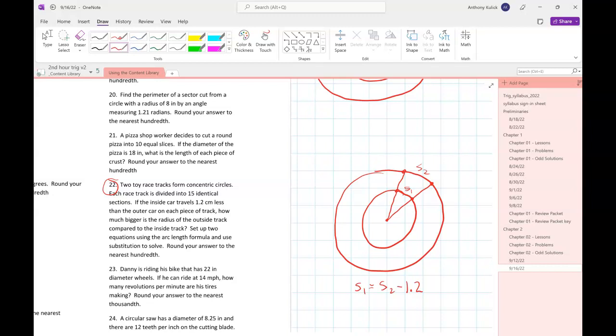That's what that sentence was saying, right? How much bigger is the radius of the outside track compared to the radius of the inside track?